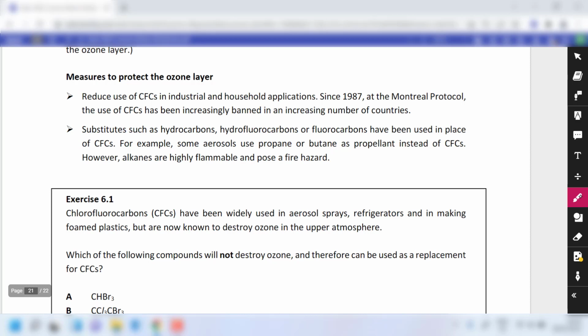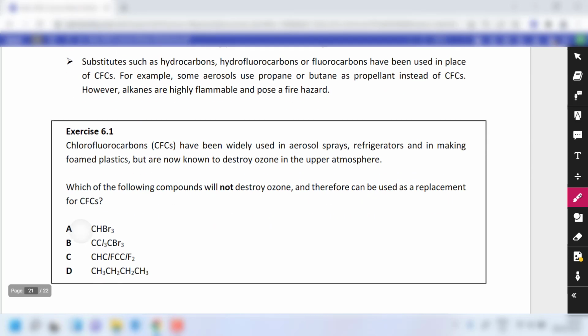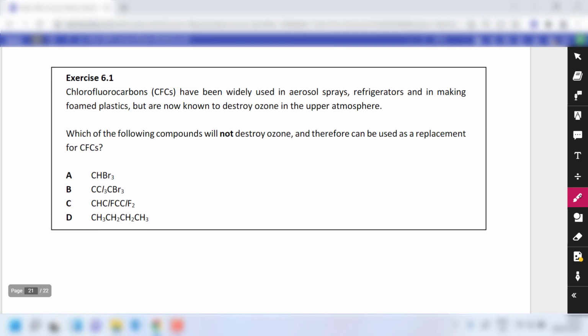Maybe something interesting for you to think about is, can you read up a little bit more on what other alternatives to CFCs there are, in addition to using pure alkanes. Okay, finally we have exercise 6.1.